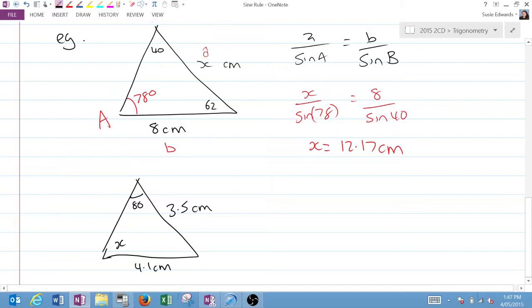You could still work it out the other way, but if we just set up those rules, that's easier.